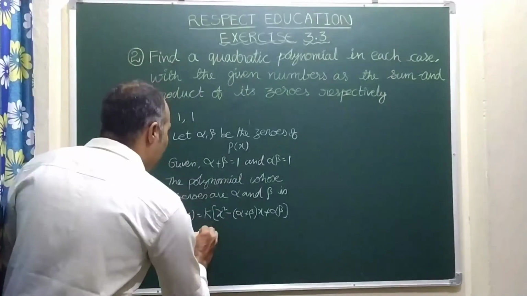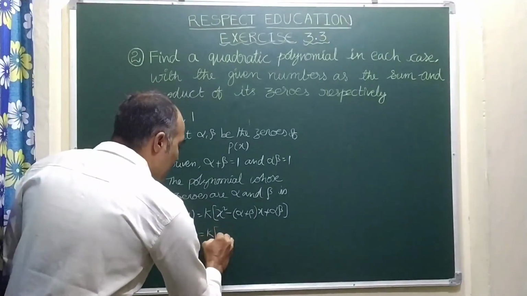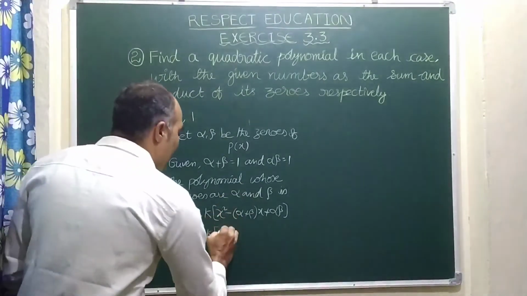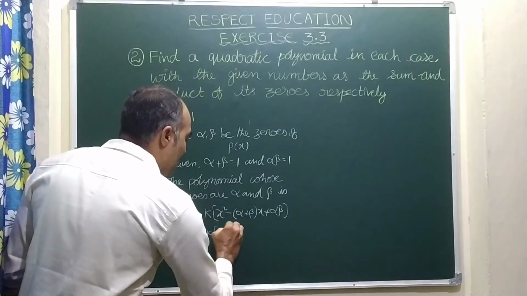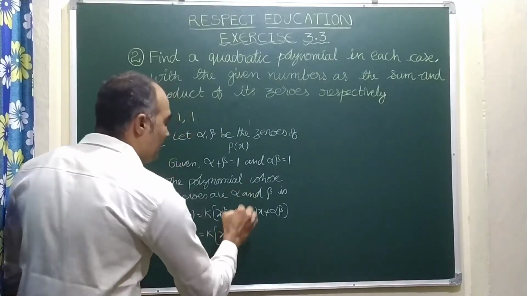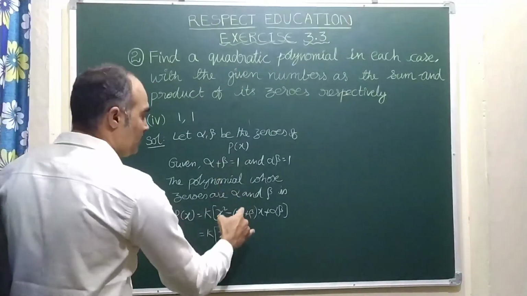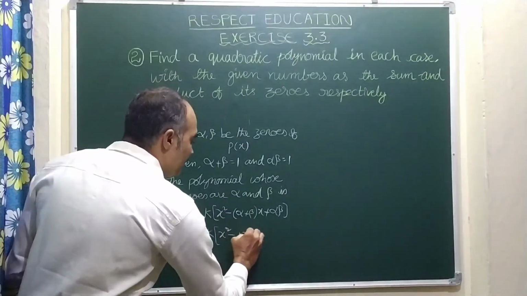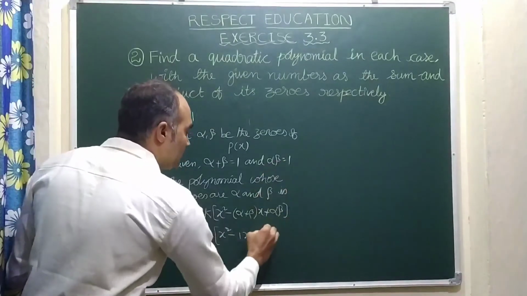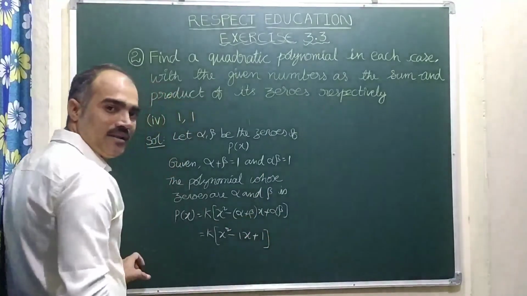Let us substitute those values. So k write as it is, x square also write as it is, minus alpha plus beta can be replaced with 1. So 1 into x plus alpha beta is also 1, right.